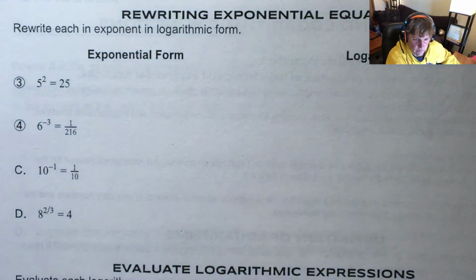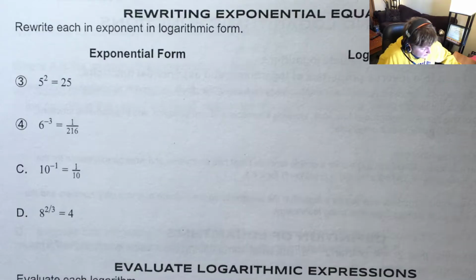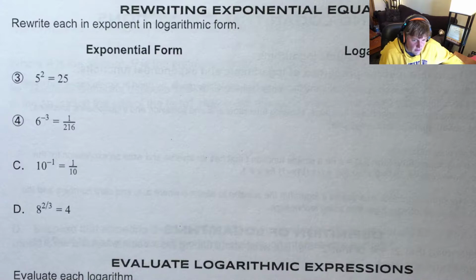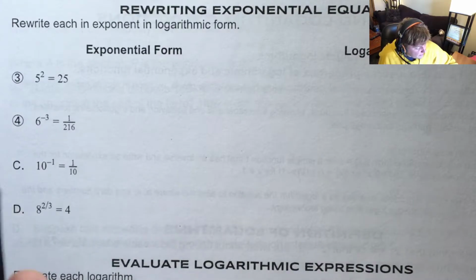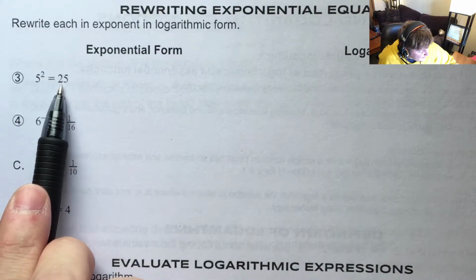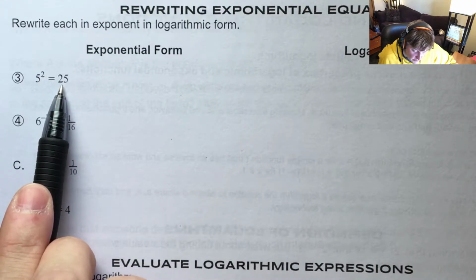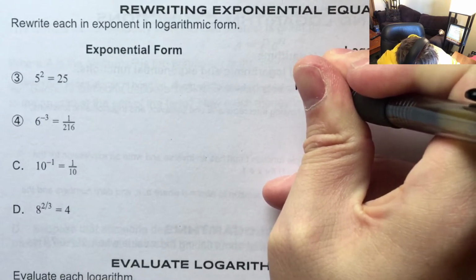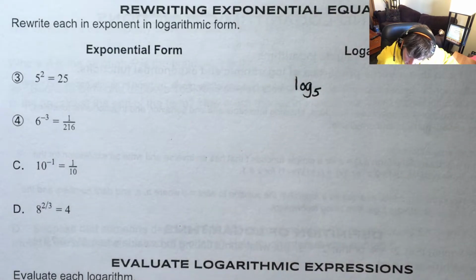This relationship continues forward. Now I'm in exponential form and I want to write it in logarithmic form. My base here is 5, my exponent is 2, and the result is 25. So when I take the logarithm with a base of 5, the question is, to what power do I raise 5 to get 25?